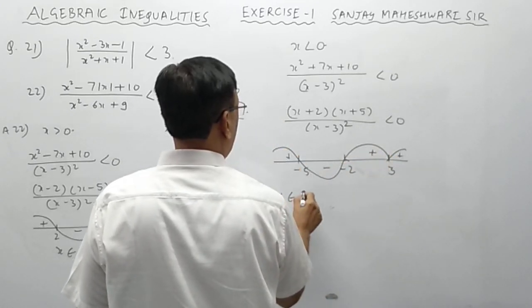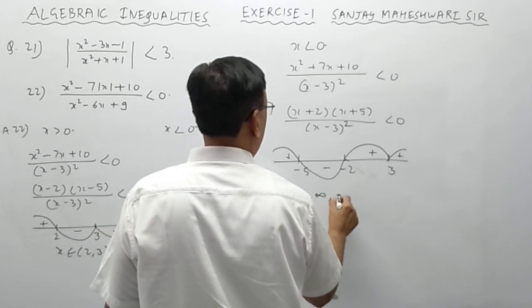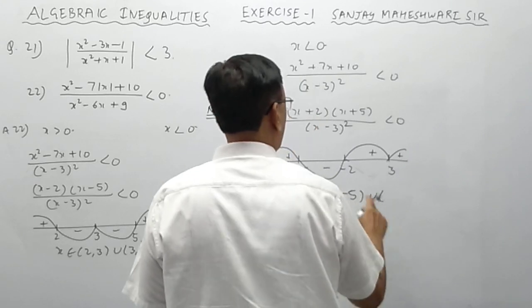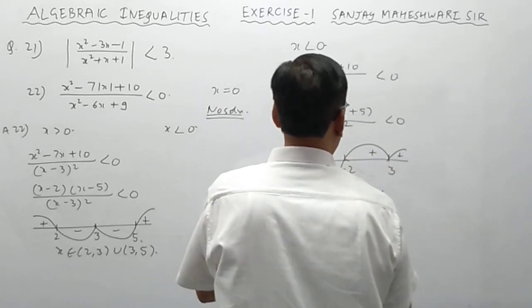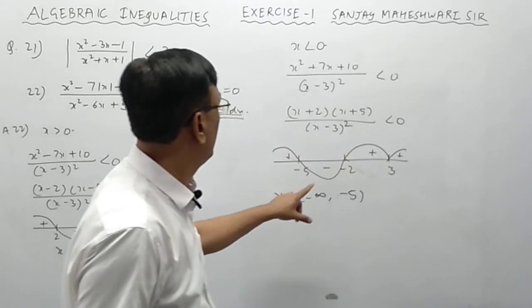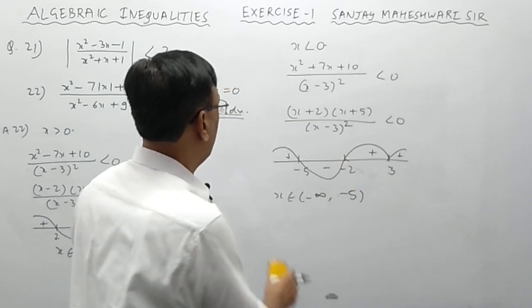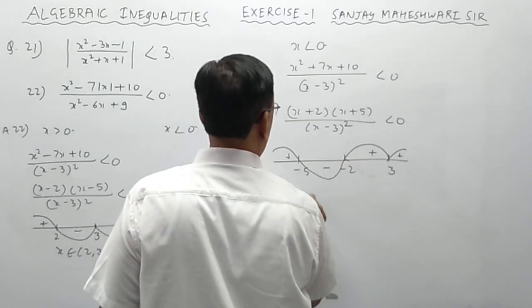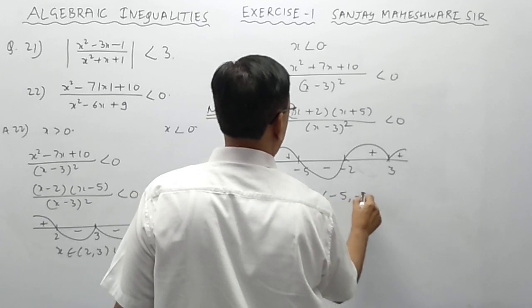The solution is x belongs to minus infinity to minus 5 union, there is nothing else. It is less than 0, so we have got a solution here only: x belongs to minus 5 to minus 2.